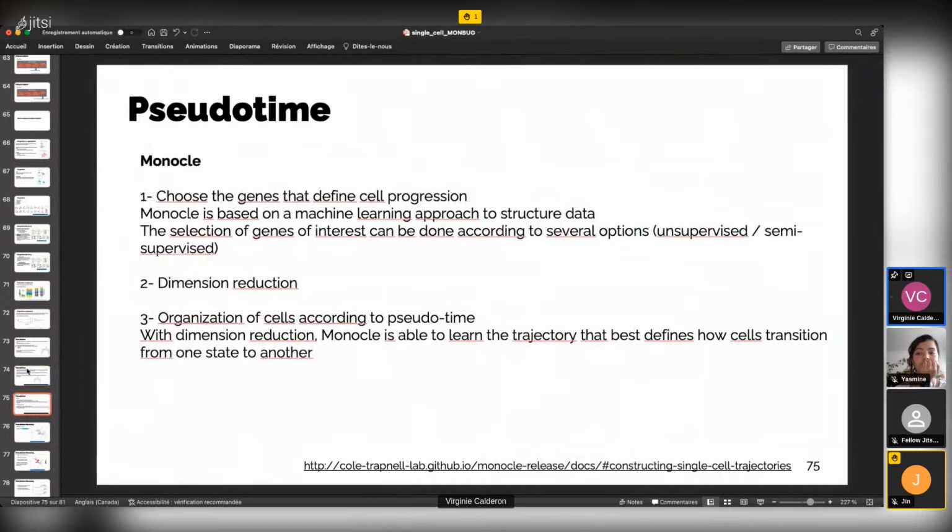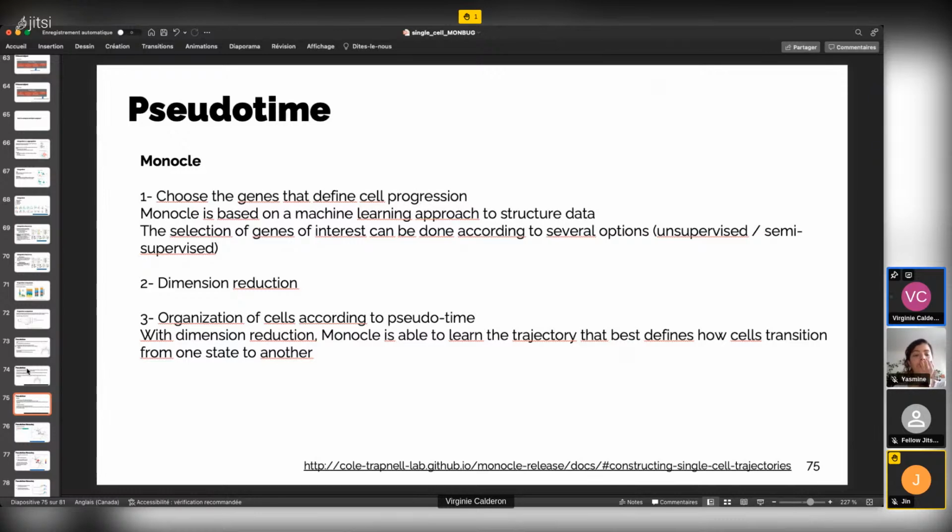So it's just the beginning. There are 3 steps for Monocle. The first one is to define cell progression, based on a machine learning approach. The first step is to select genes of interest. There is an option to select genes at this step. It can be unsupervised, so you don't tell anything about the biological process, or it can be semi-supervised, so you can provide a subset of genes linked to the process you want to represent with the pseudotime.